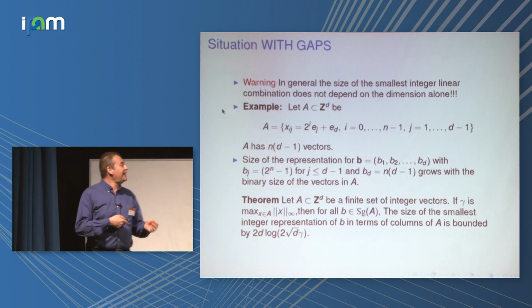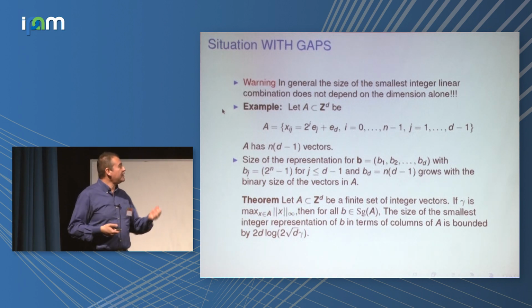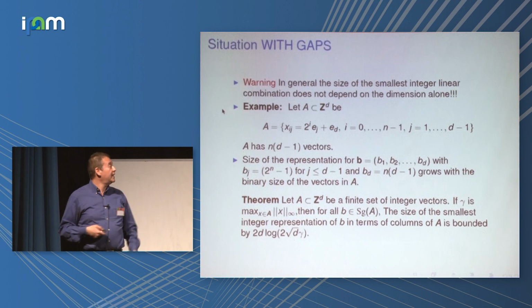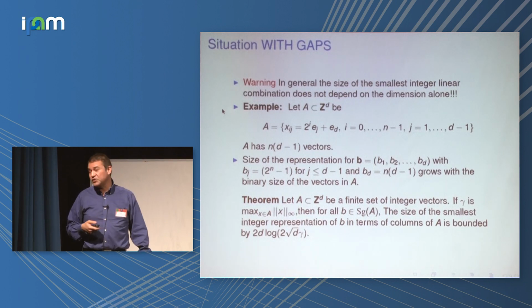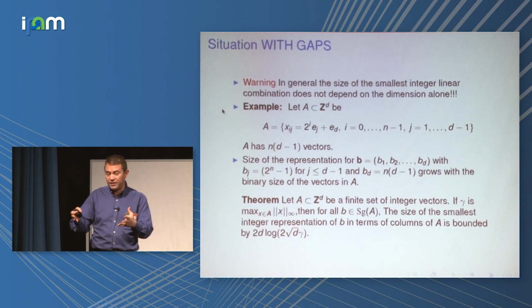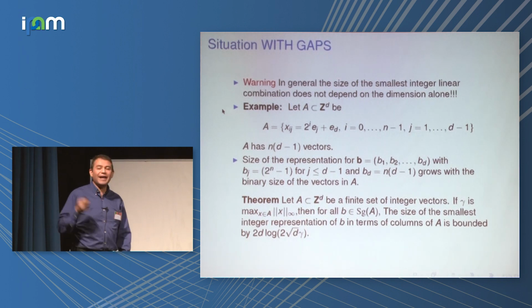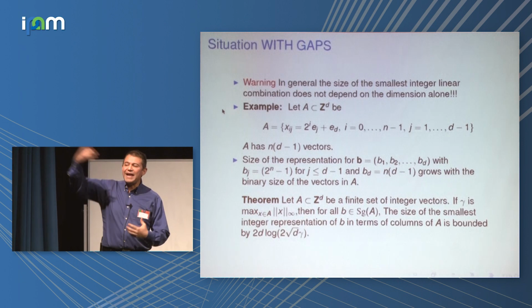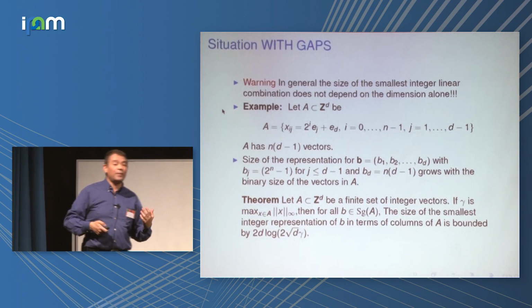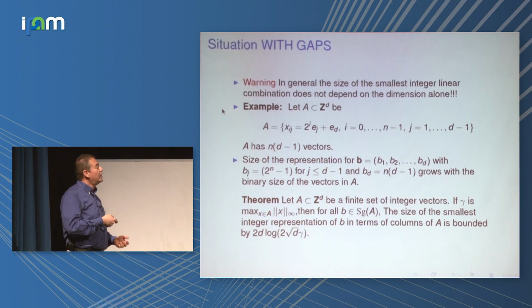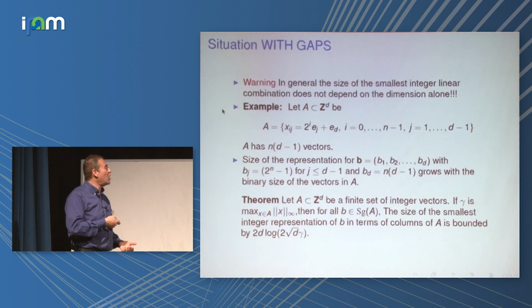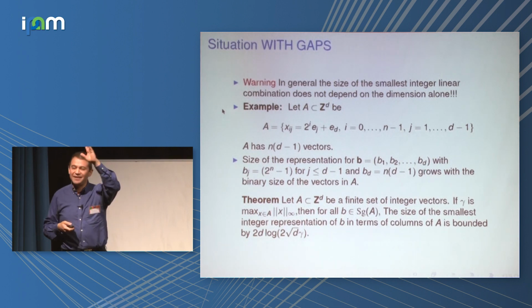If you call gamma the size of the largest entry in the semigroup generators, then you can guarantee that any element of the semigroup can be written as a linear combination of length no more than 2D log of 2 square root of D times gamma.